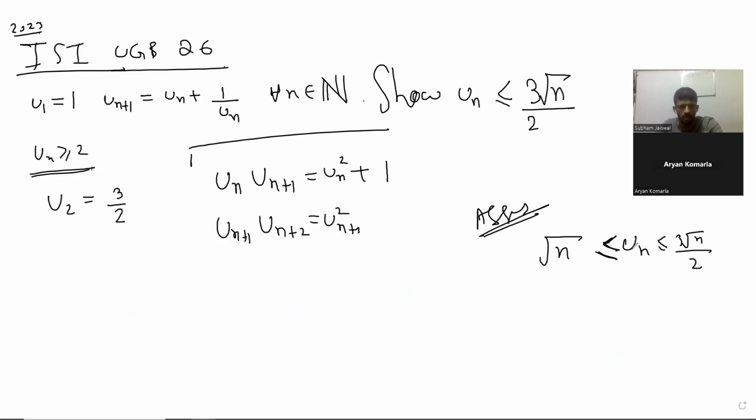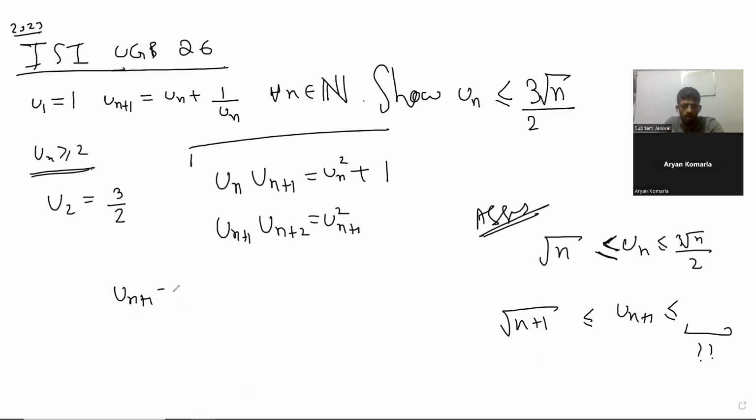Is it true for n equal to 1? Yes, it's true for 1, and n equal to 2 also, root 2. Using this, we are able to show this, but you need to also show this, and that you can do.